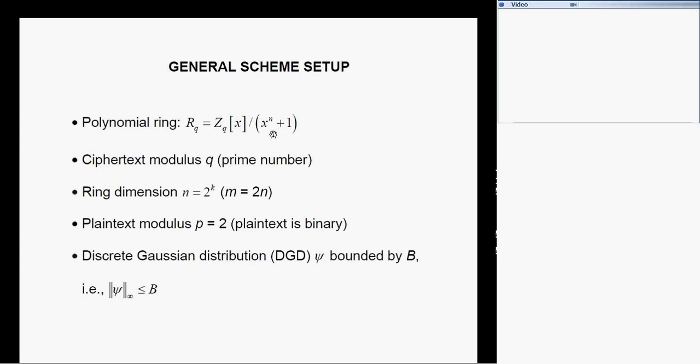We had a discussion in lecture 2, so this is the simplest case. In this case, the cyclotomic order of the polynomial, which is used to define the polynomial ring, has m equal to n, a special case and the simplest case to consider.